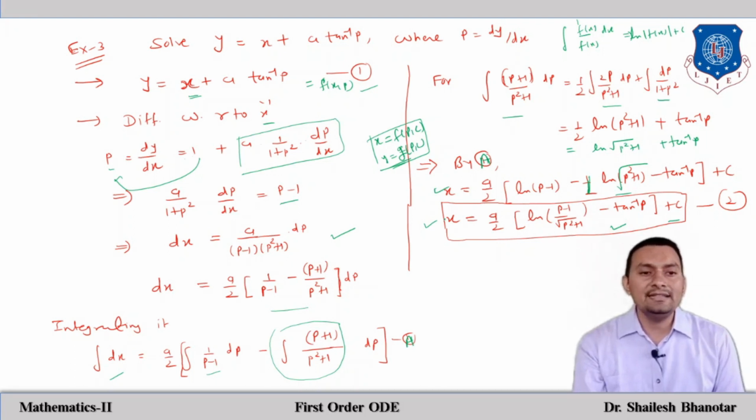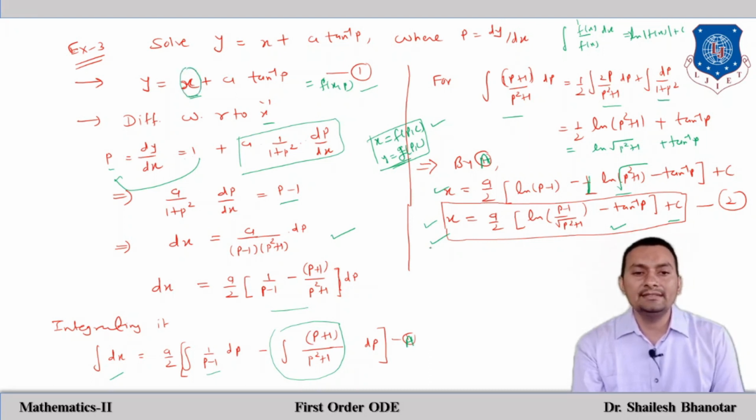So here you can see that x is equal, that is okay, there is no problem. It is satisfied in terms of p and c. But what about equation number 1, that is y is equal to x and p? Here y should be in terms of p and c. So what I'm going to do is just replace x by this quantity from equation number 2.